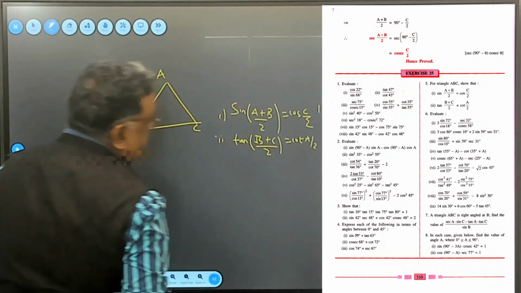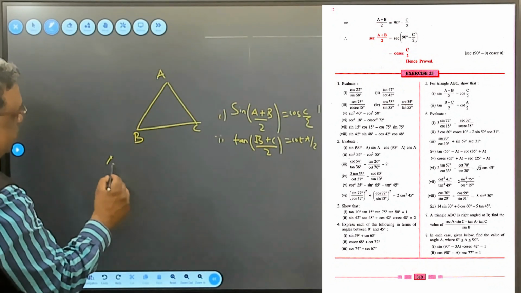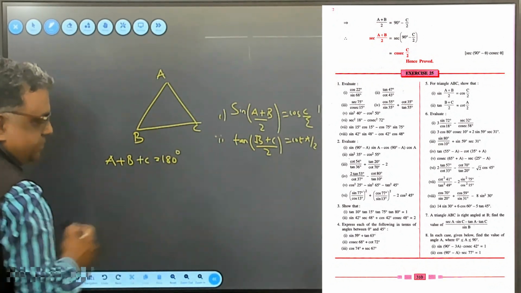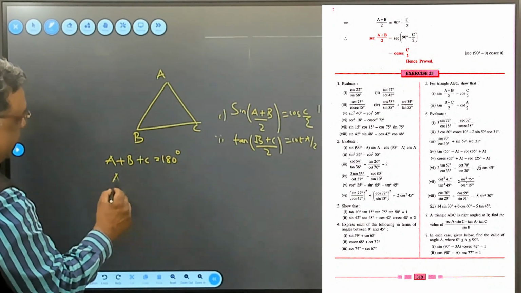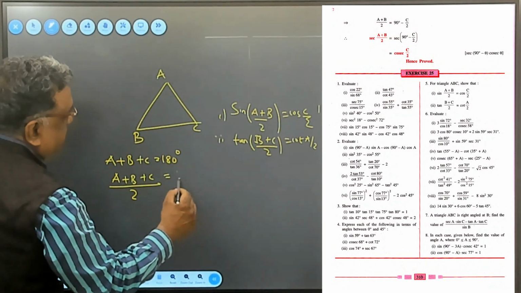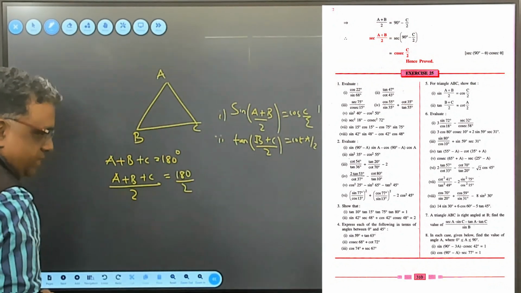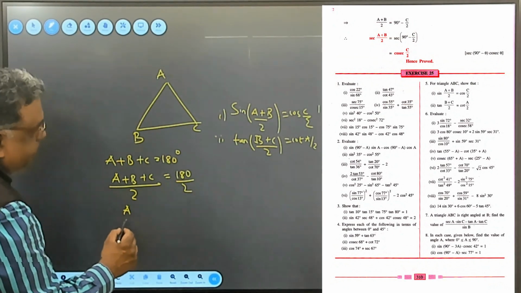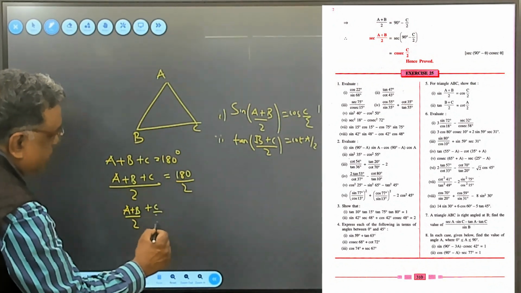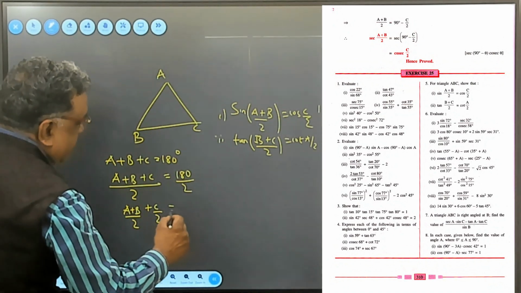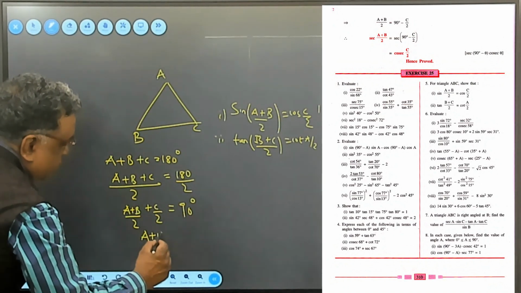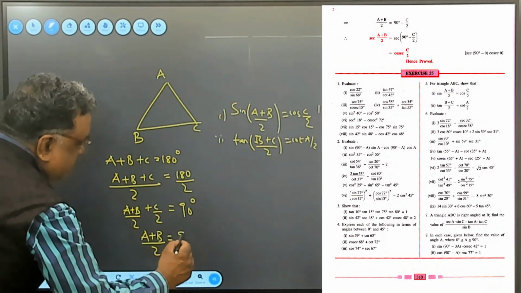So in a triangle I know A plus B plus C is always 180 degrees, which means A plus B plus C upon 2 will be 180 upon 2. So I will keep A plus B by 2 and C by 2, because A plus B by 2 plus C by 2 is 90 degrees, which means A plus B by 2 is 90 minus C by 2.